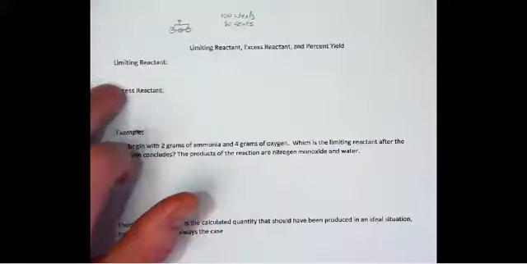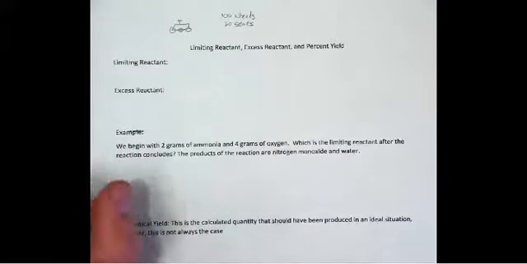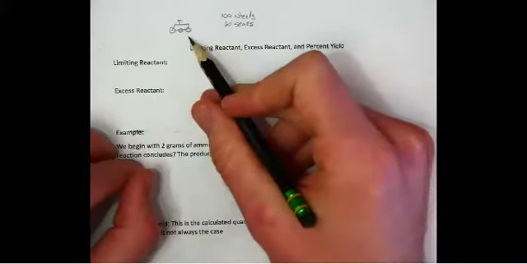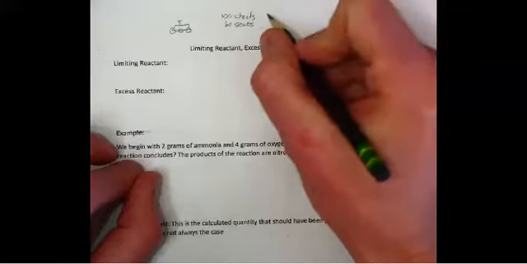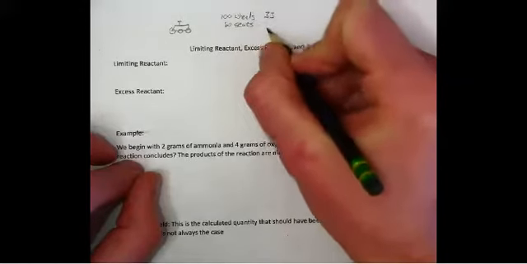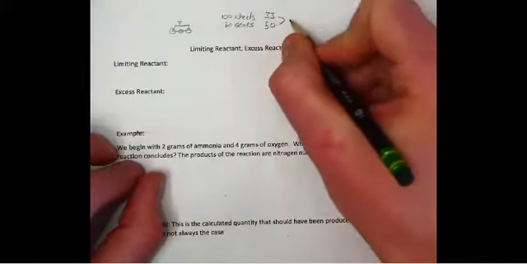So how many total tricycles can we produce with these reactants? Well, since each tricycle needs 3 wheels, the most amount of tricycles that we can make out of those wheels is 33, and the most amount of tricycles that we can make out of those 50 seats is 50.